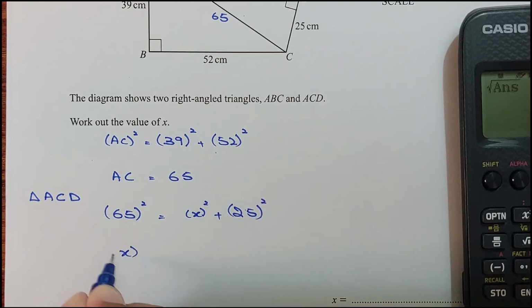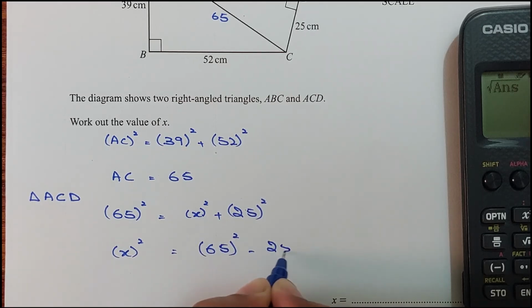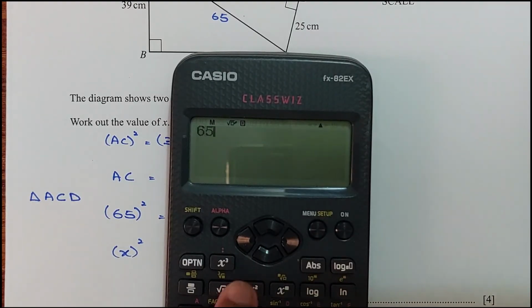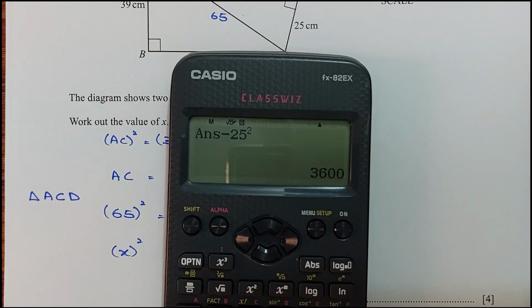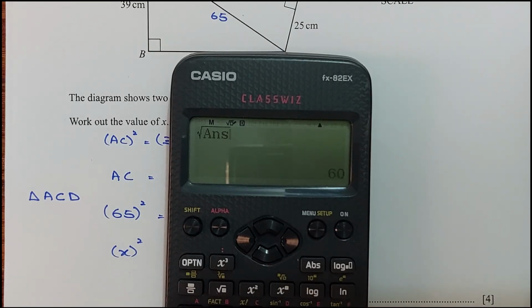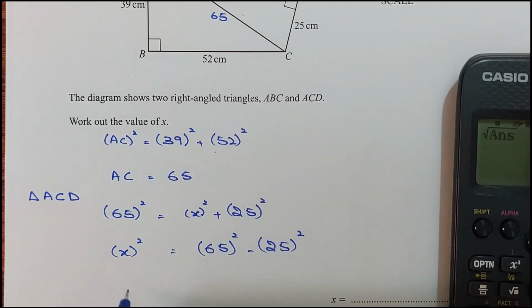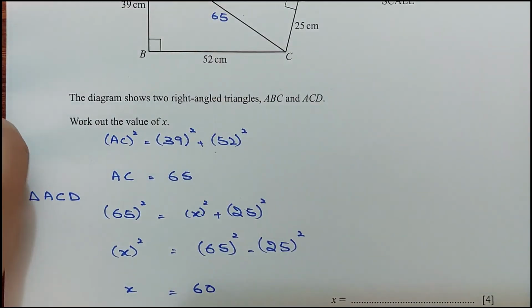So x squared would be equal to 65 squared minus 25 squared, right? Okay, 65 squared minus 25 squared is 3600, and the square root would be x is 60. 60 centimeters is the value for x.